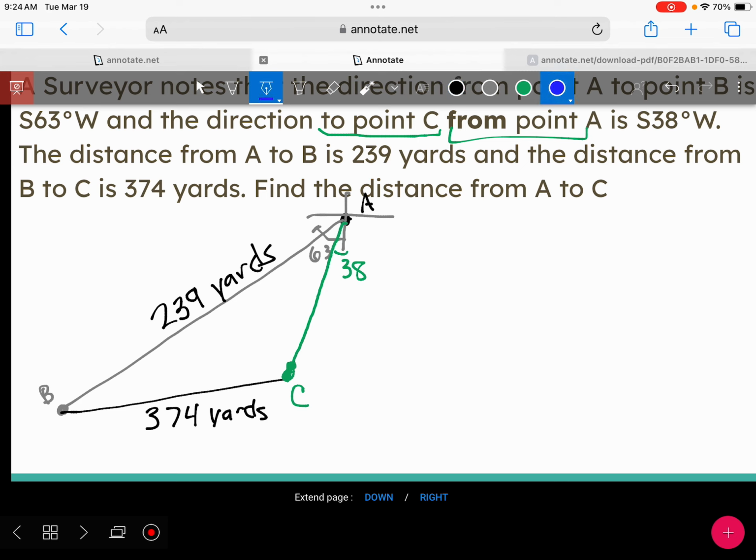We are asked to find this distance. Where can we start? Or what should we start with?